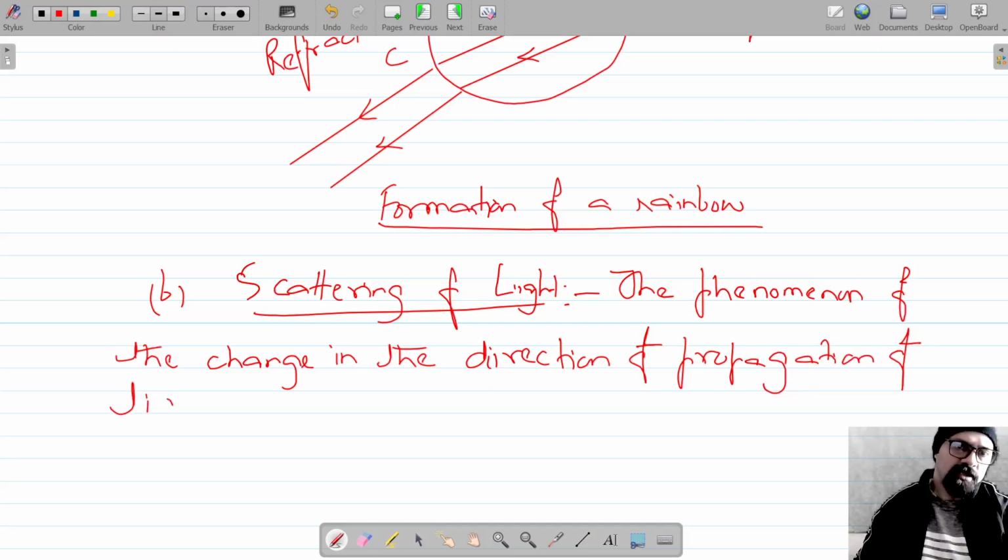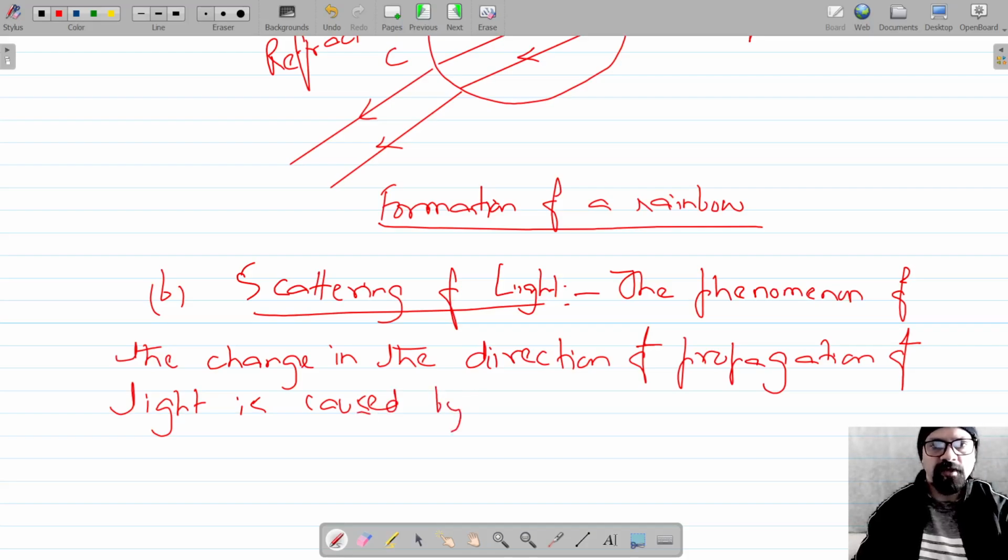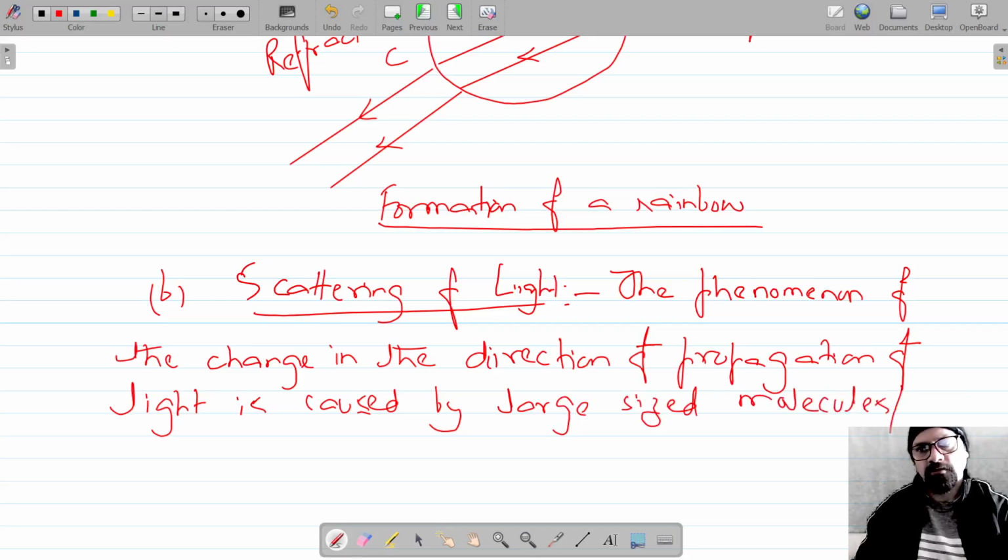This change in the direction of propagation of light is caused by particles of large size, the large sized molecules or the colloidal particles that remain suspended in air. So this is what is scattering of light.